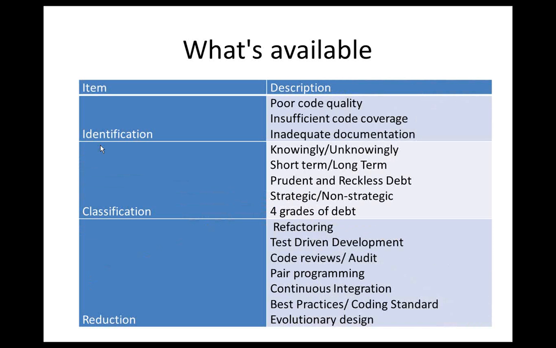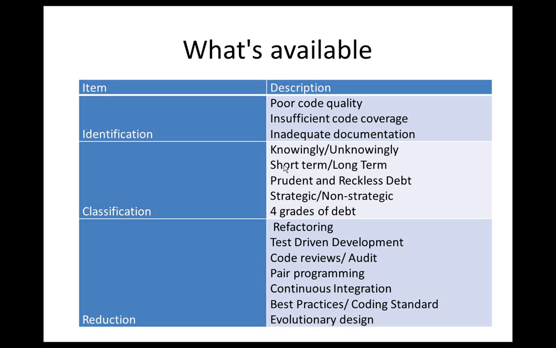In terms of availability, I have mentioned here 3 categories. One is identification, how we can identify technical debt. If the code quality is poor, we can find out that yes, there is some technical debt. If there is insufficient code coverage or inadequate documentation, that is some indication of debt. Then classification: we can classify on the basis of knowingly or unknowingly, short term, long term, prudent and reckless debt, strategic and non-strategic, and the 4 quadrants of debt.